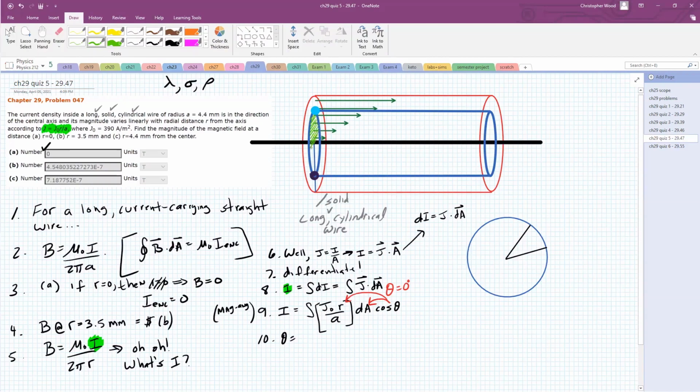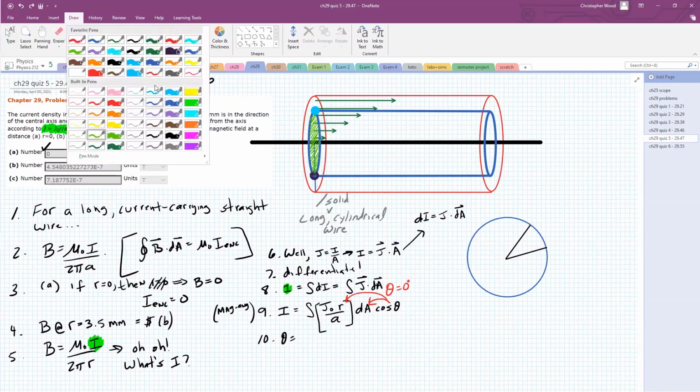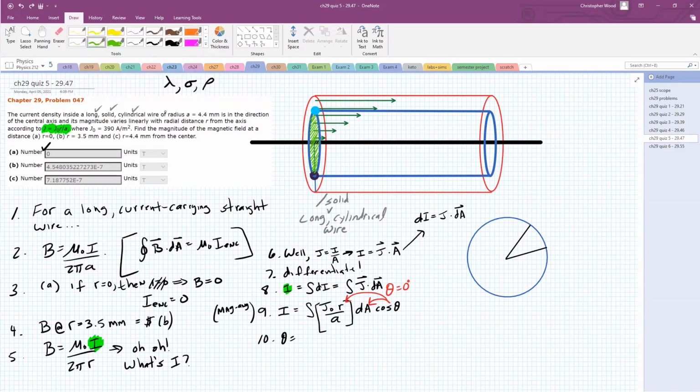So if Probert is standing where I indicated at some distance away from the longitudinal axis of this cylinder, this is dA. This is the differential area through which the current is flowing. Again, think of current density as current flowing through an imaginary cross-sectional area, and that's what I'm drawing right now. So this right here, this is dA.